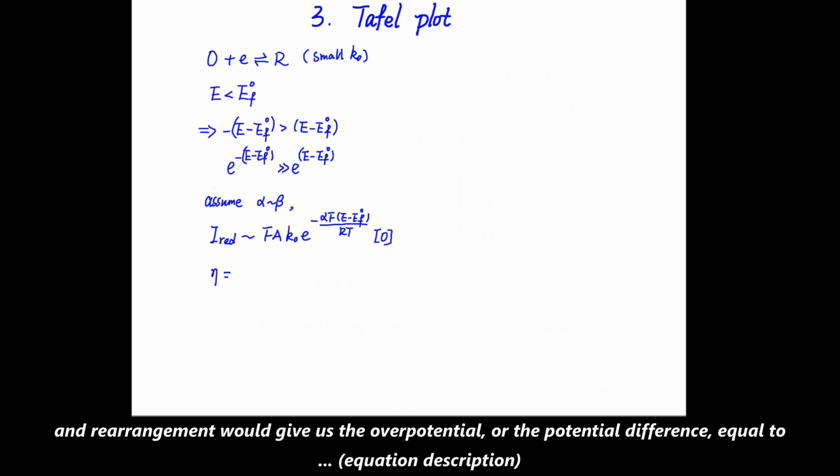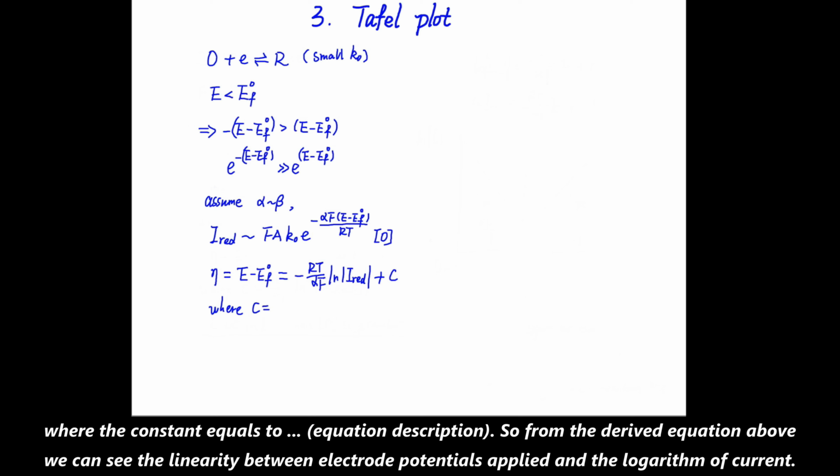And rearrangement would give us the overpotential, or the potential difference, equals minus RT divided by alpha F times ln of the absolute value of reduction current plus C, where the constant C equals RT divided by alpha F times ln F A k0 concentration of O. So from the derived equation above, we can see the linearity between electrode potentials applied and the logarithm of current.